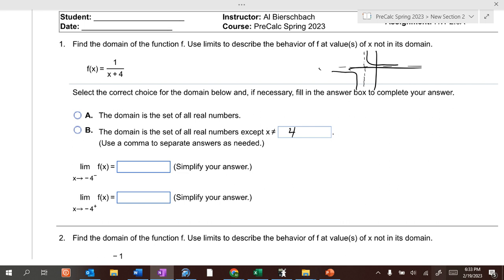All you have to do is graph it on the graphing calculator if you need to, but I can tell that just from looking at this. -4 here, vertical asymptote. And since there's no negatives involved, we're here and here. As we're going towards -4 from the left, we're going down. So that's negative infinity. As we're going this way, we're going up. That's infinity.